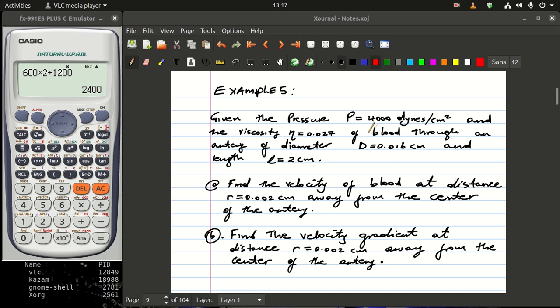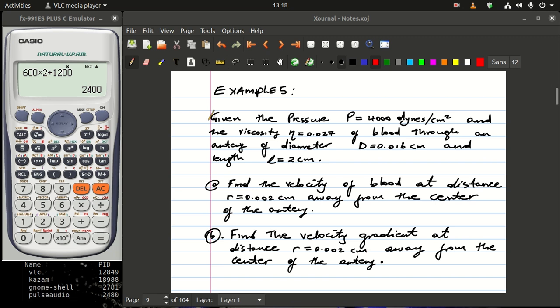This example is saying, given the pressure P is equal to 4000 dynes per centimeter squared, and the viscosity eta of 0.027 of blood through an artery of diameter D, which is equal to 0.016 centimeters, and the length is given as L equal to 2 centimeters.